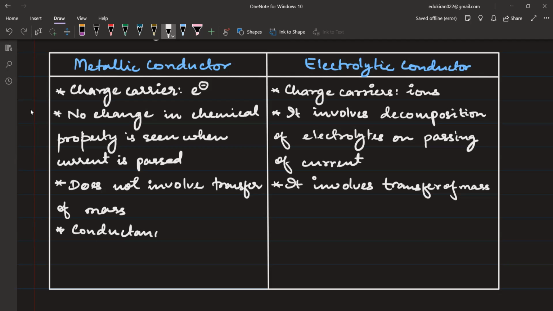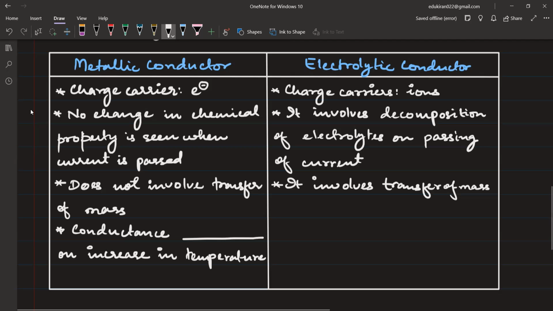Conductance increases or decreases on increase in temperature. Tell me. Hanifa, Nawal and Rifat, tell me.